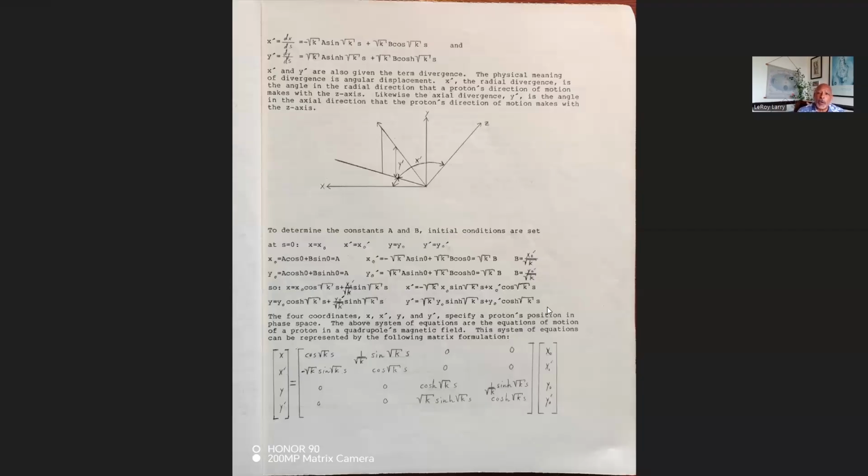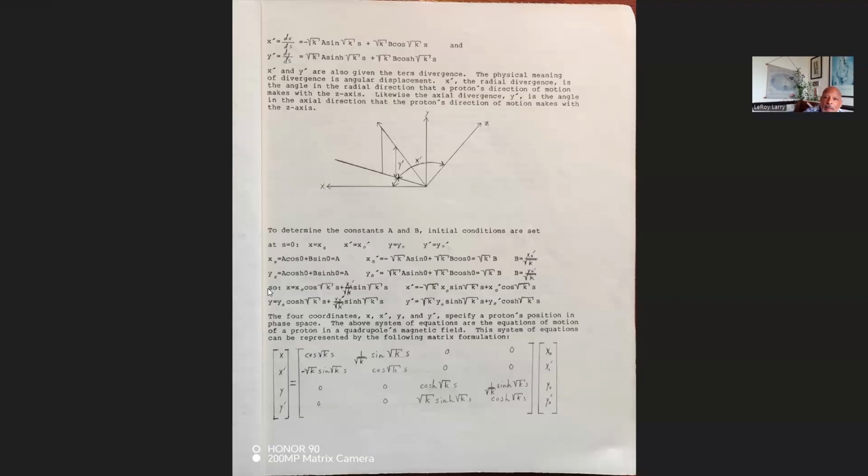So now we know at any point where the position of those protons are in phase space, in the horizontal direction, to the left and to the right, and in the vertical direction, up and down, with respect to that central axis.